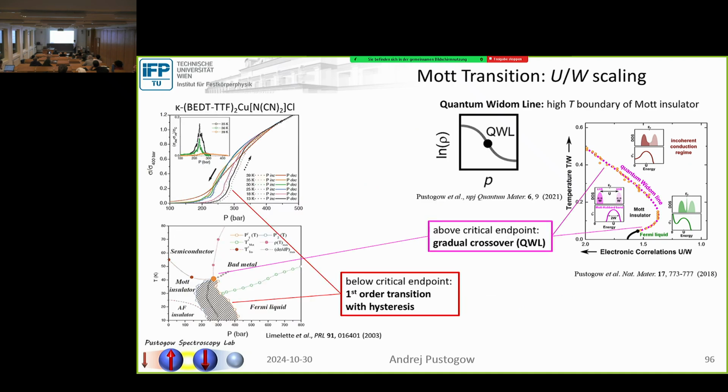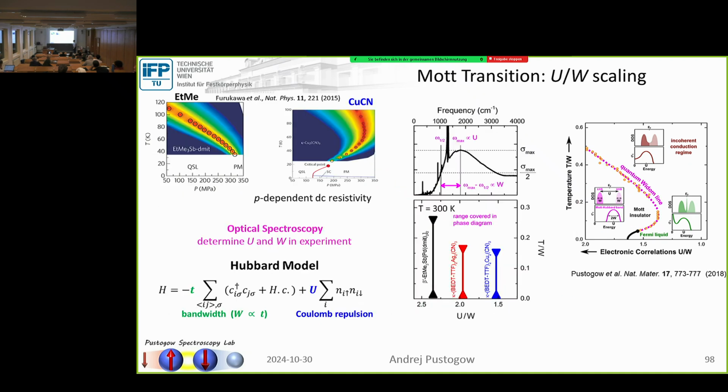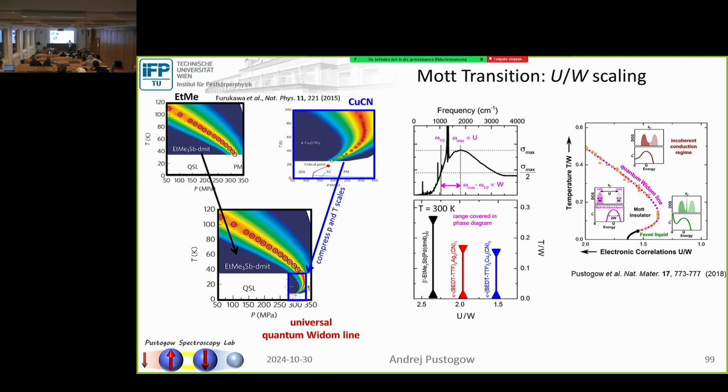Importantly, this we have seen already. We can compare the phase diagrams of different materials. For instance, this compound in black, we can measure the width of its electronic transitions, which is a measure of the electronic bandwidth, by optical spectroscopy. And we can do the same for the compound in blue. And we see that the compound in black has a much smaller bandwidth than the compound in blue. And therefore, we have to rescale the temperature and the pressure scales.